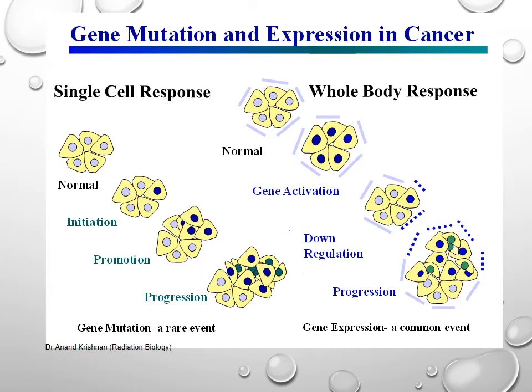A latent period can be defined as the time that elapses between exposure to the ionizing radiation and the appearance of observable clinical signs. The latent period can either be short or long, depending on the total dose of radiation received and the amount of time and the rate at which it took to receive the dose. So the more the radiation received and the faster the dose rate, the shorter is the latent period.